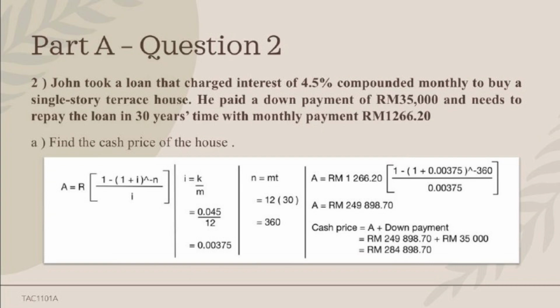And then you have to find the cash price. Cash price equals A plus down payment, 249,898.70 plus 35,000 ringgit, and then you get the answer.